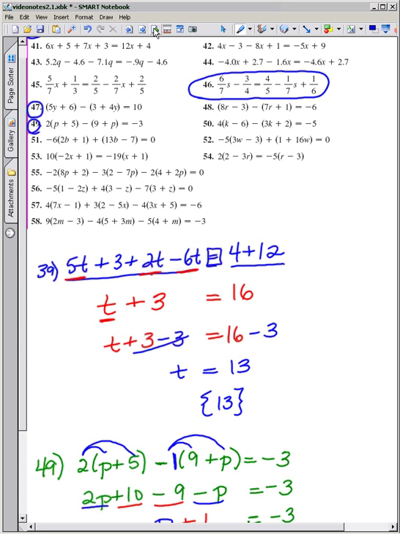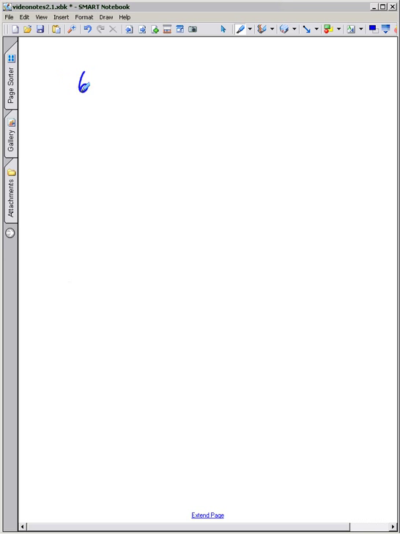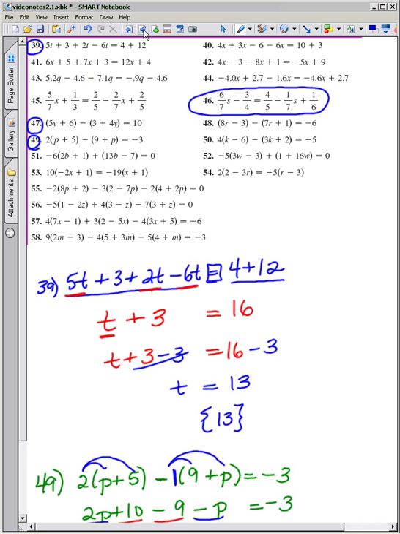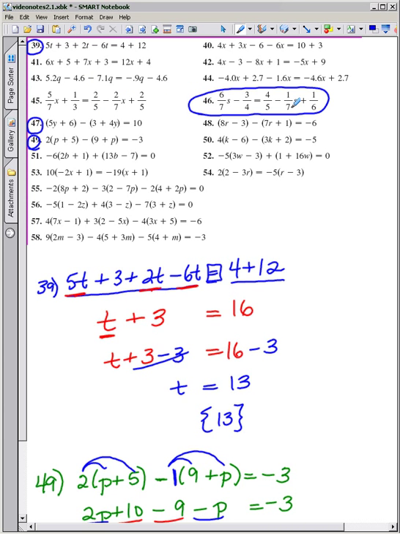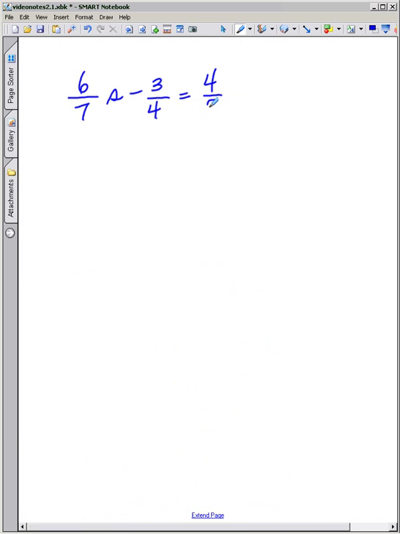So let me see if I can remember that sum. 6/7 s is equal to 4/5 minus 1/6.